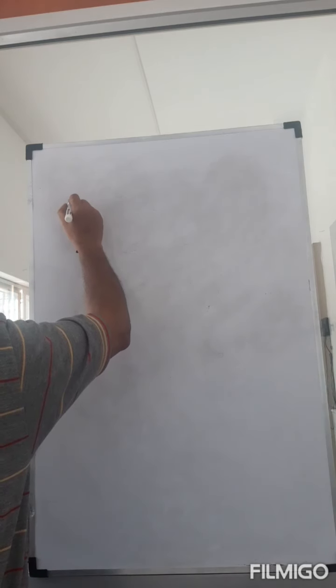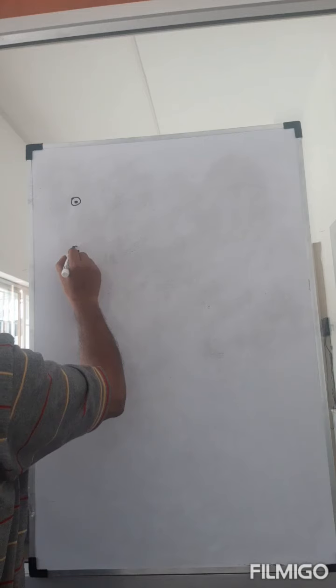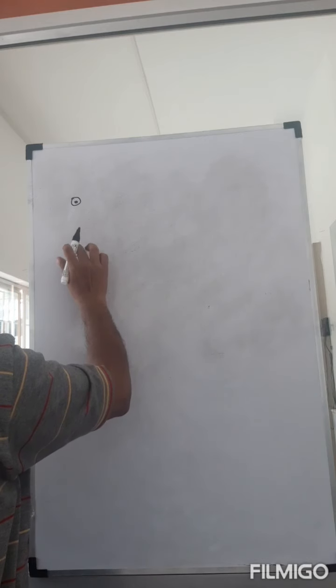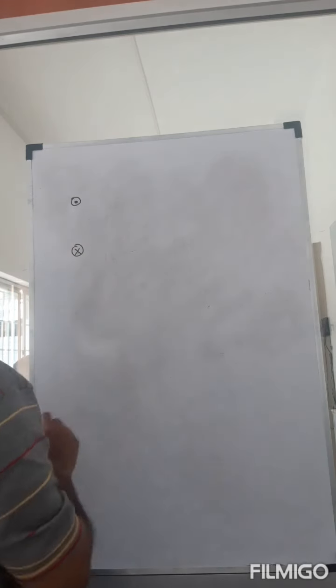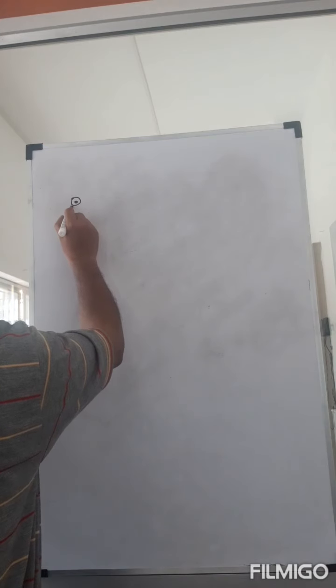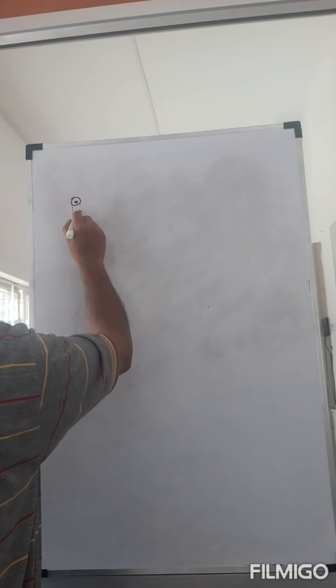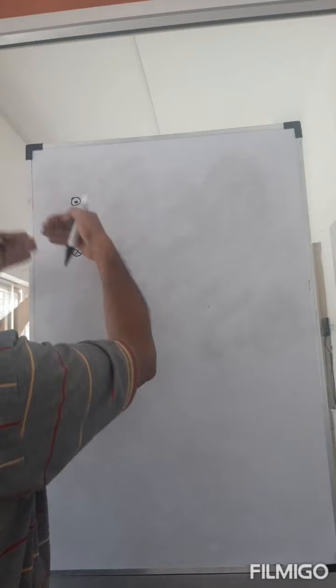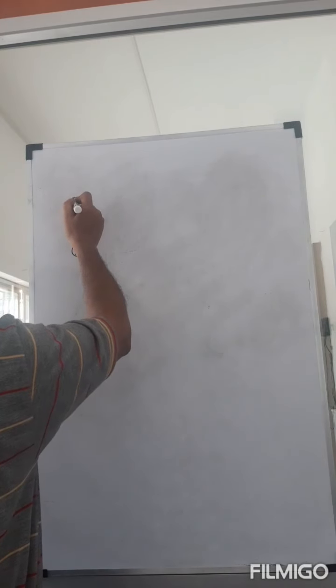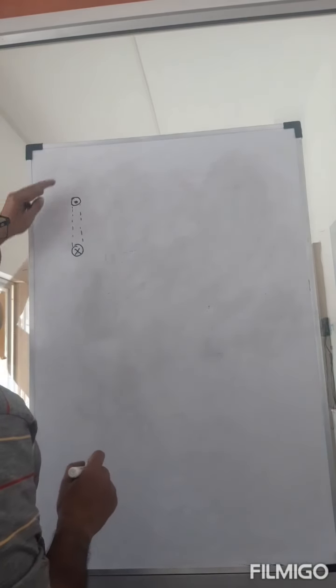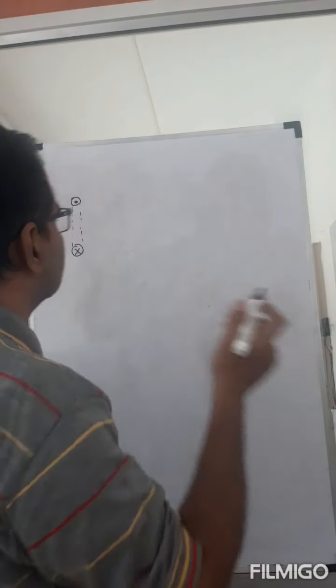So the current is coming out, and here the current is going in. You can imagine this, I hope. It's like one ring of the solenoid. If you have it like this, what would be the magnetic field inside this circle?